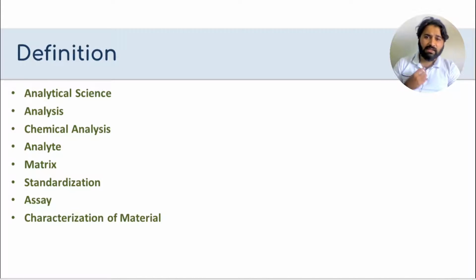Now, if chemical processes are involved, it is known as chemical analysis, or broadly we can say this chemical analysis is known as analytical chemistry.